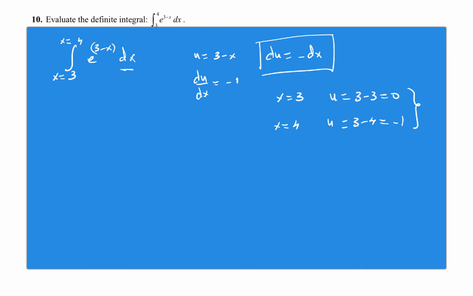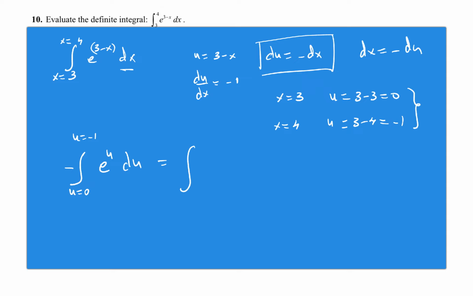It will be the integral from u equals 0 to u equals minus 1 of e to the u times dx, but dx is minus du.